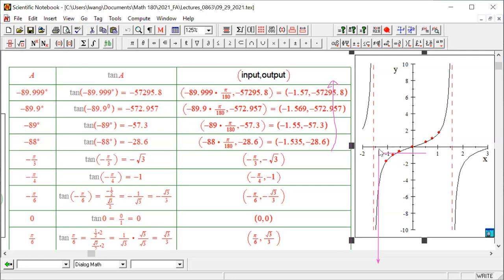In the other direction, we were approaching pi over 2 from smaller than pi over 2, but now we're approaching negative pi over 2 from larger than negative pi over 2. What happens to tangent? To negative infinity, right? We just drew that. We saw that tendency, that dynamic process.